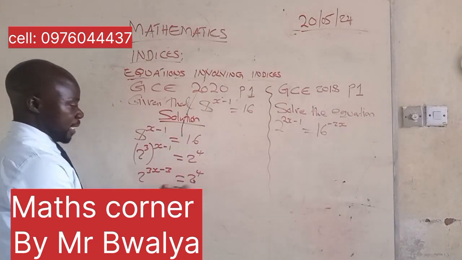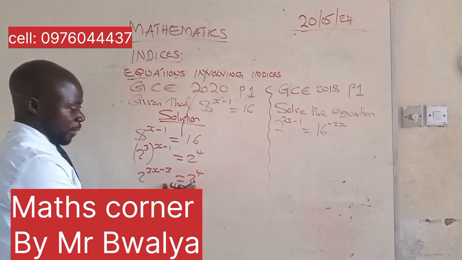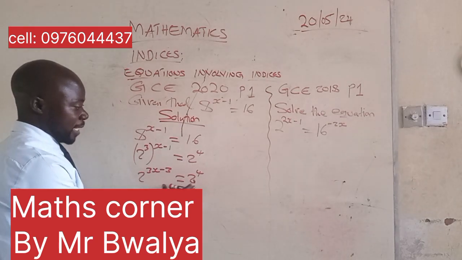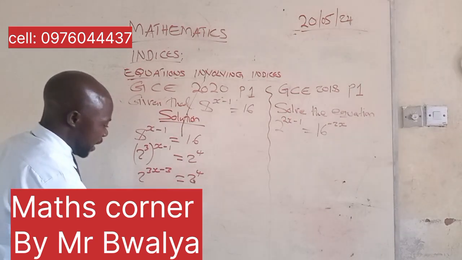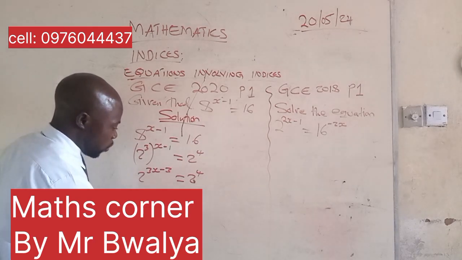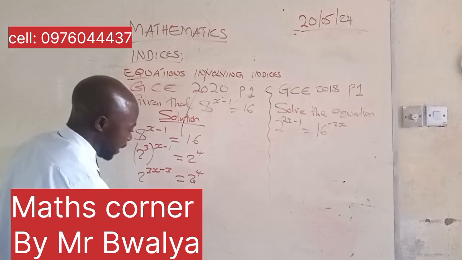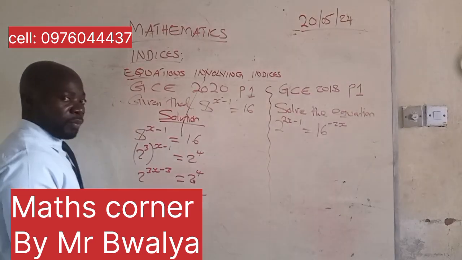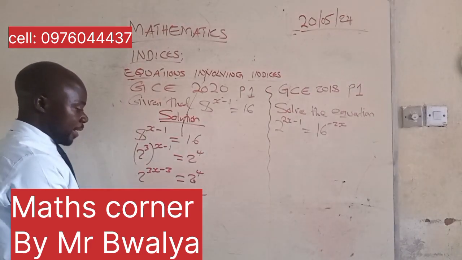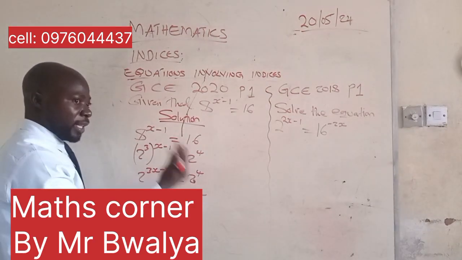Now we've got the same bases here. Are we together? The bases are equal. So 3x minus 3 is equal to 4. Okay. Then we group the like terms together.